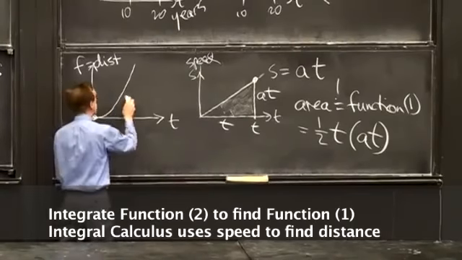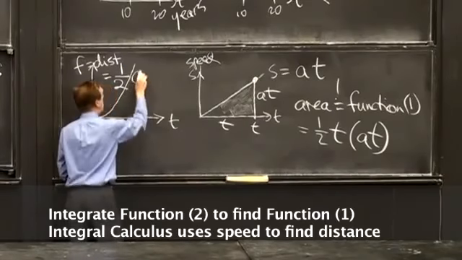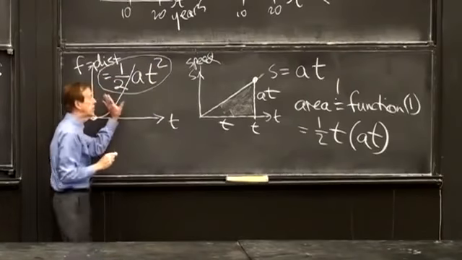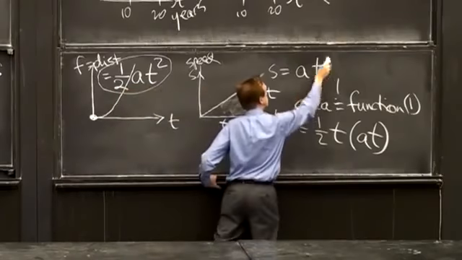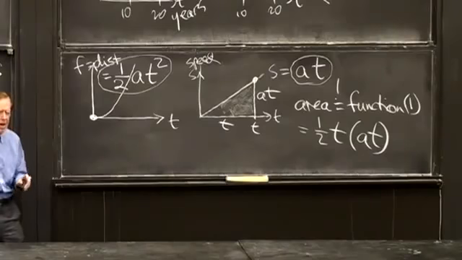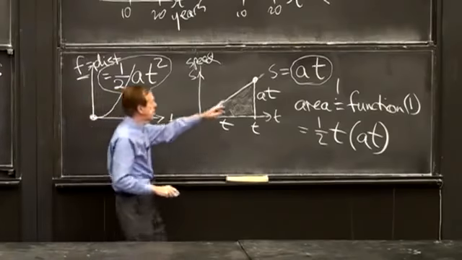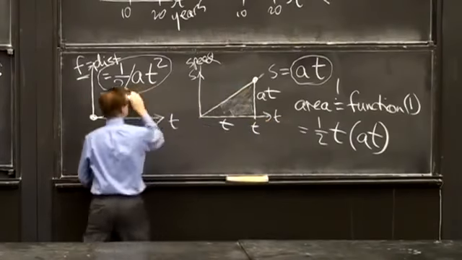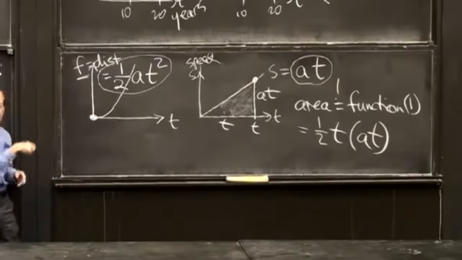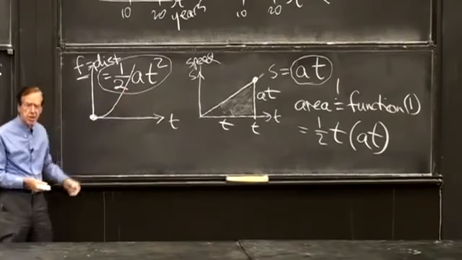So this function is 1/2 of a times t squared. So there is function 1, and here is df dt. Notice what kind of curve that is. Do you recognize that with a square? That tells me it's a parabola, a famous and important curve, and important because it has such a neat formula.